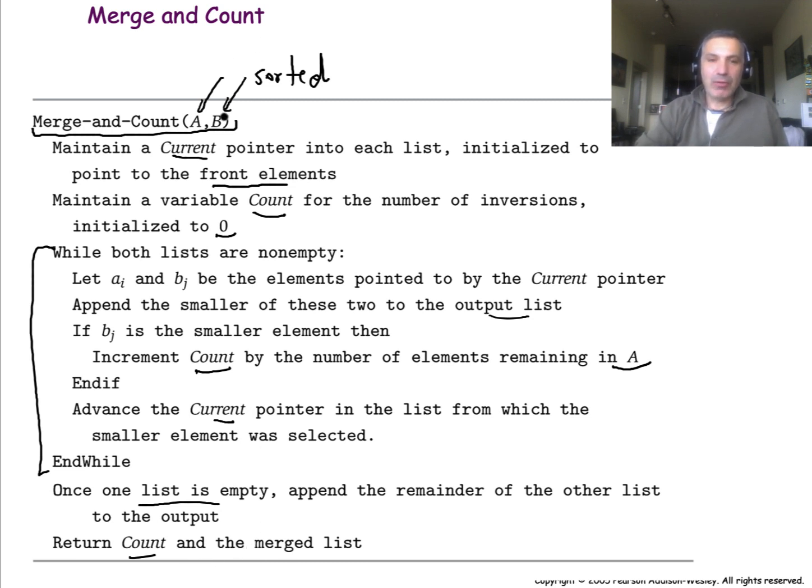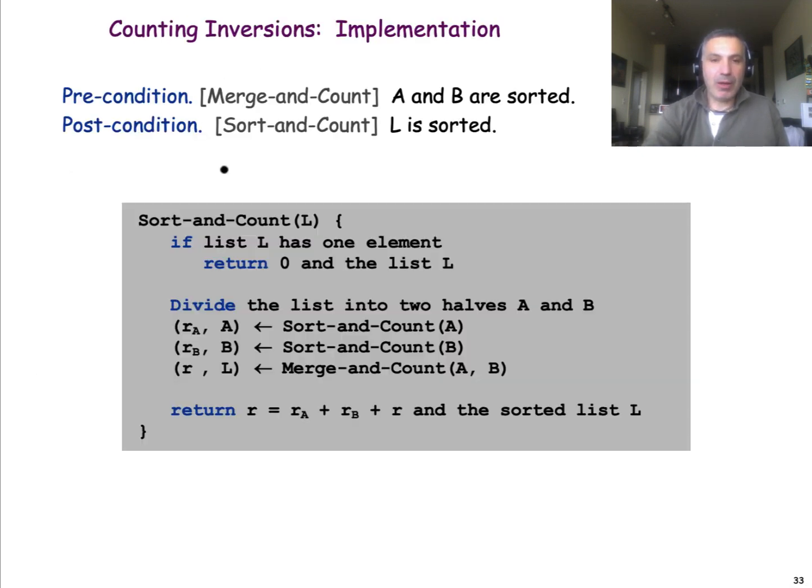So what comes out of this function is a sorted list that includes all the elements of A and B, and a variable count that keeps track of how many inversions we had between the elements of A and B.